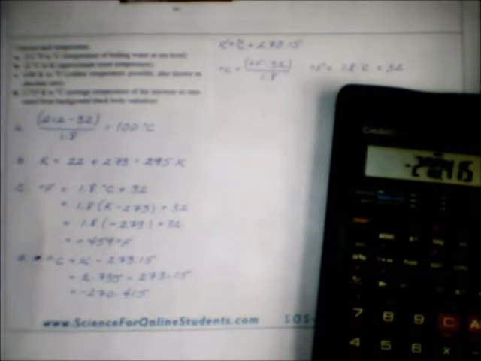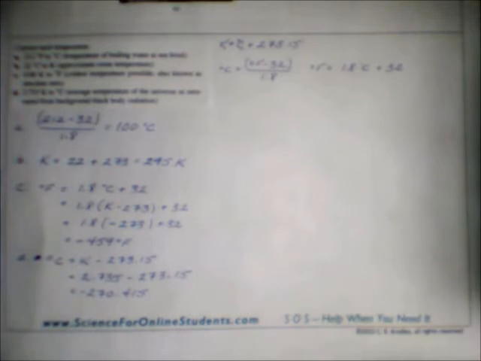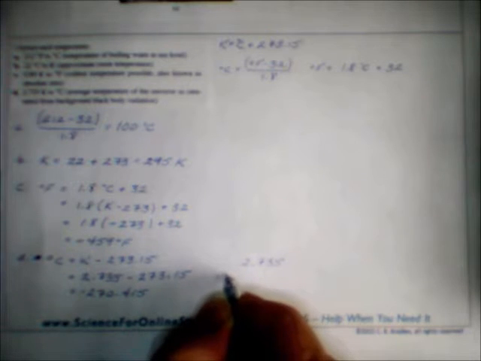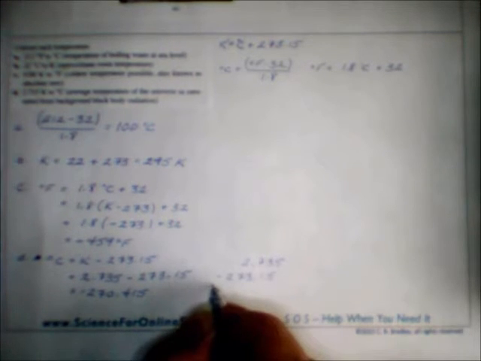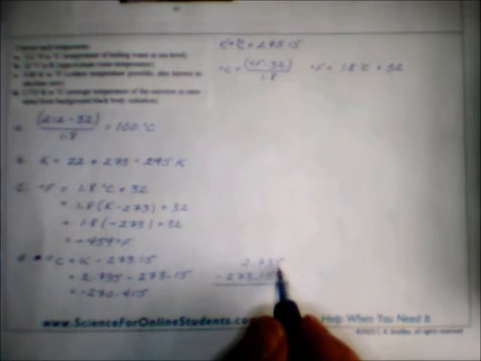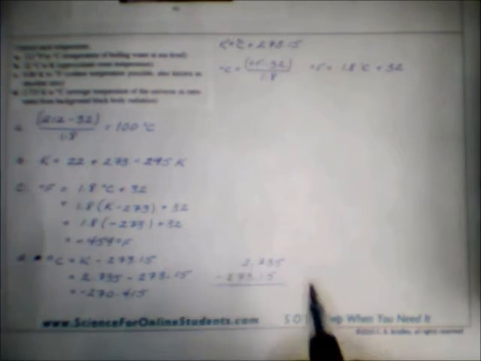Then we have to round it to get the right number of decimal places. So let me set up a different one over here to the side, and we'll line up our decimal places. 2.735, and we will subtract 273.15. Now, notice this one is all alone out here.